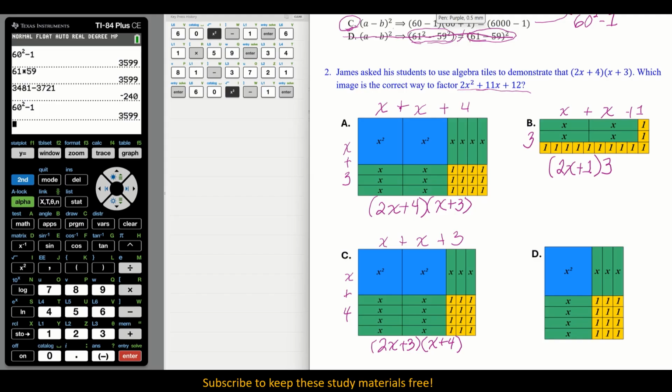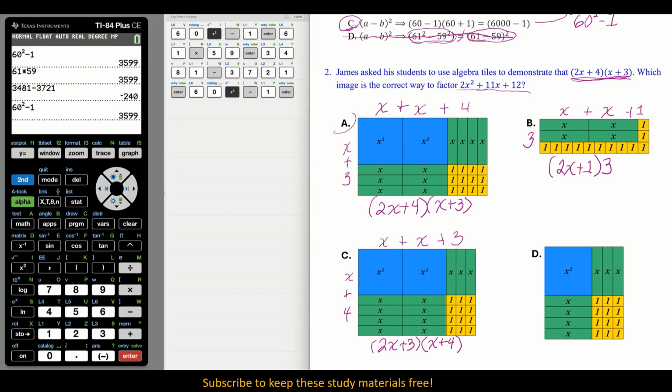When I look at it, it looks like the same model. However, you have to look at which one matches and emulates what they asked for. This would be a great way to see what students come up with, because when we FOIL that, distribute that, you're going to come up with the same correct equation in the end.